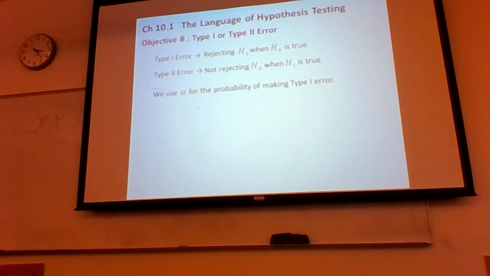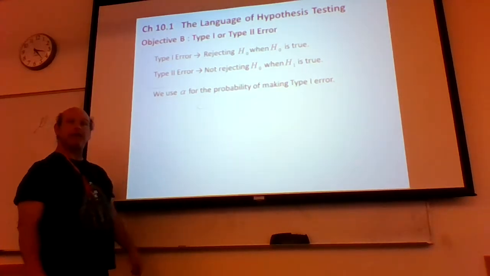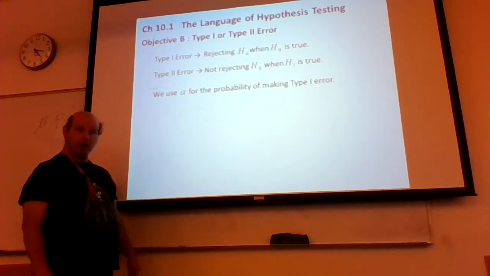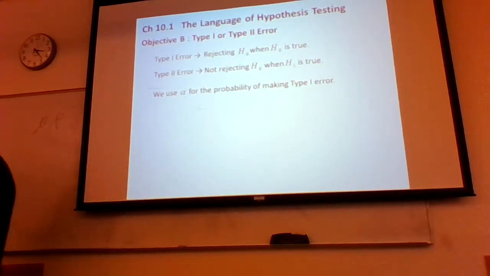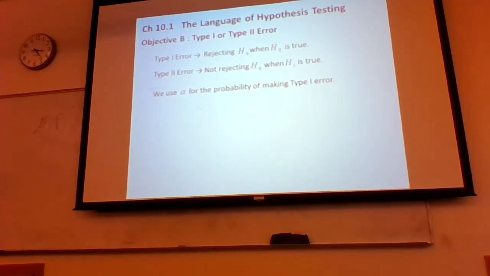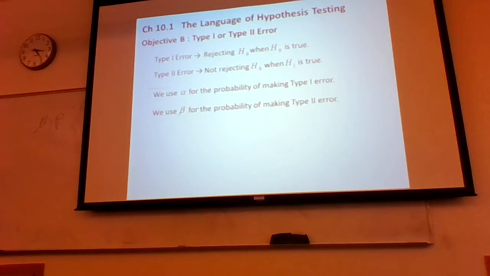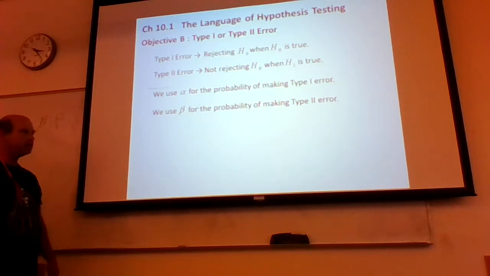Now, we use the symbol alpha, the Greek letter A, to represent the probability of making a type 1 error. Does that make sense? And we use the Greek letter beta to represent the probability of making a type 2 error.